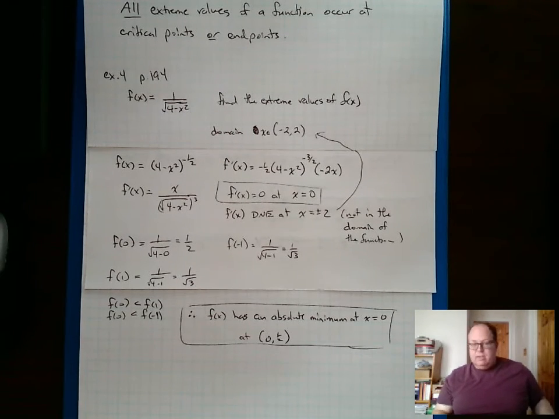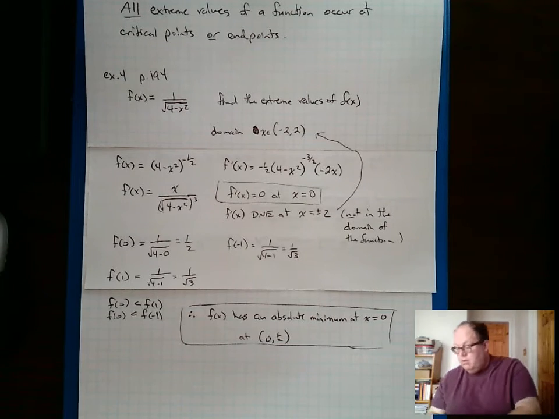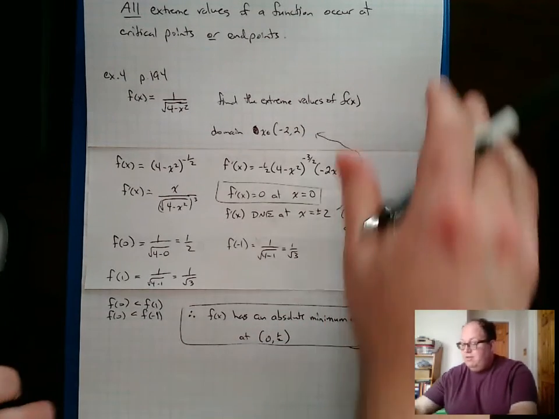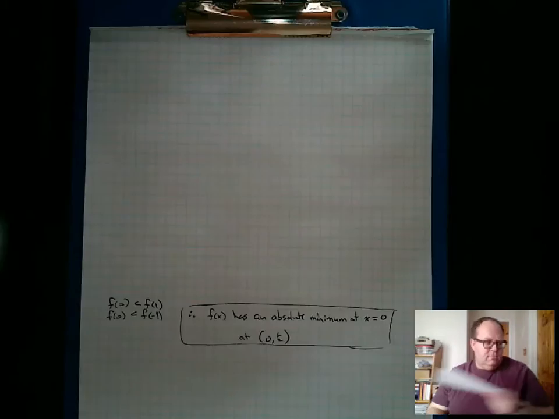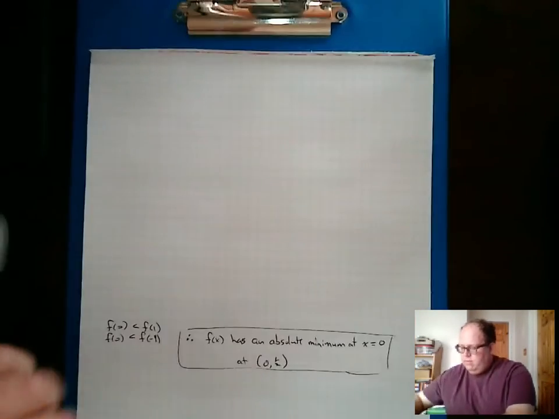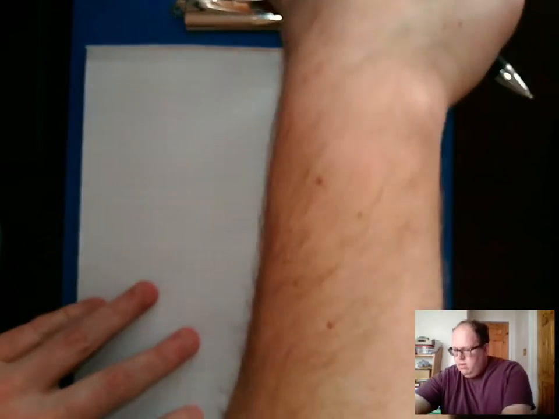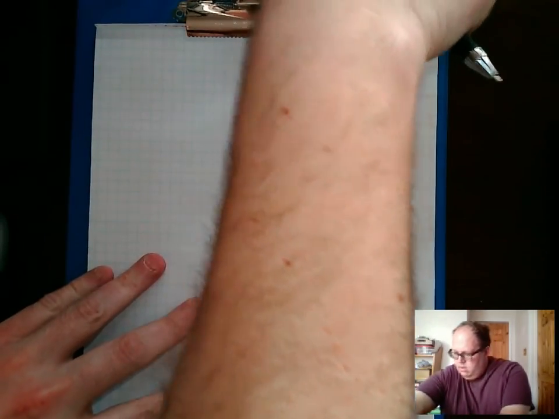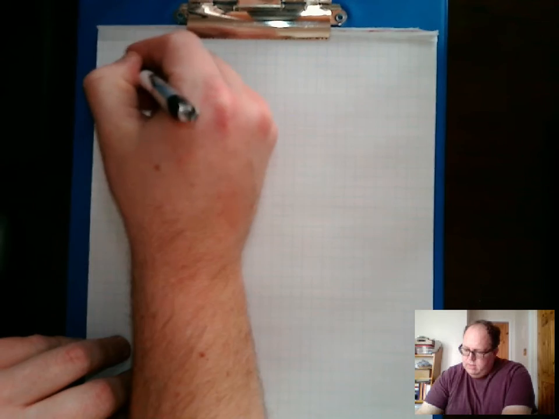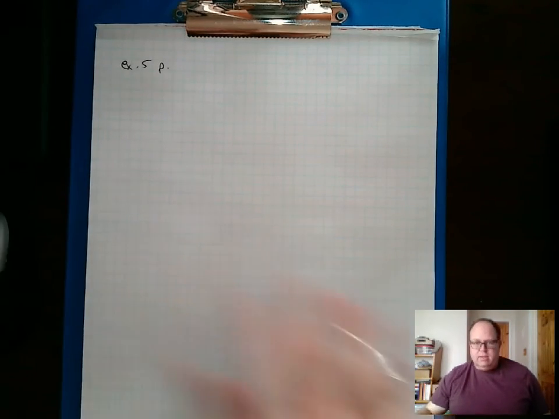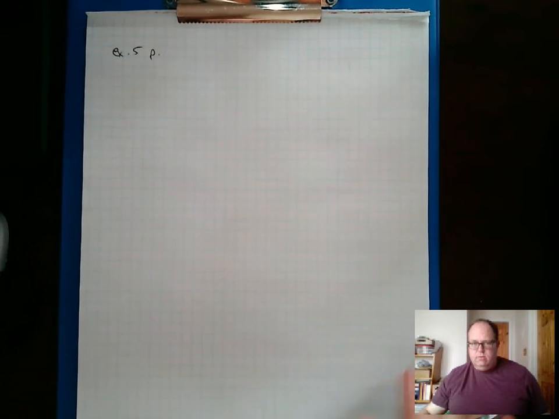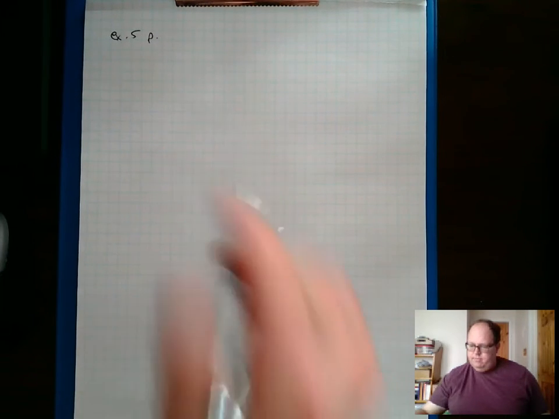This one's got the piecewise function in it, which I know all the kids these days love. So this will be example 5 from page 196. Let's have a little more space there.